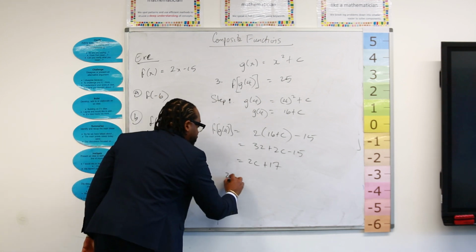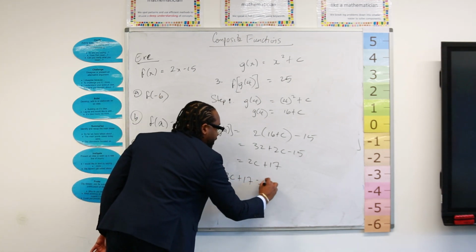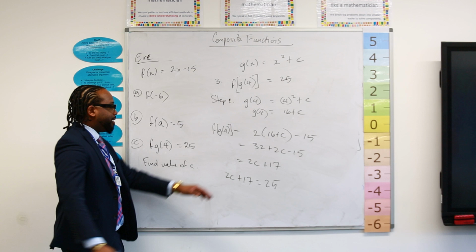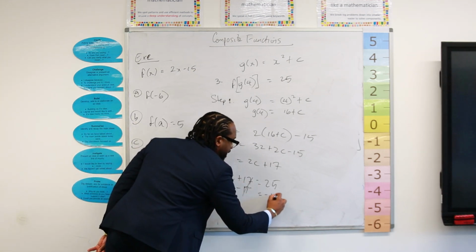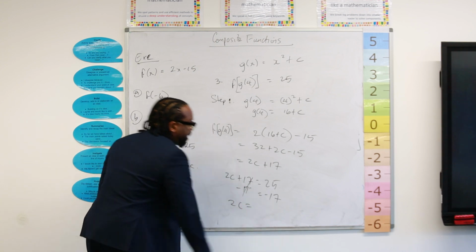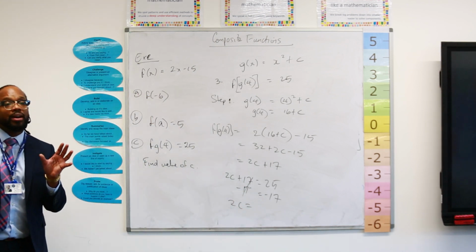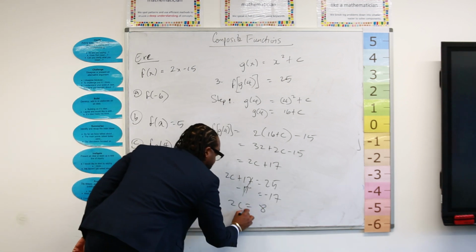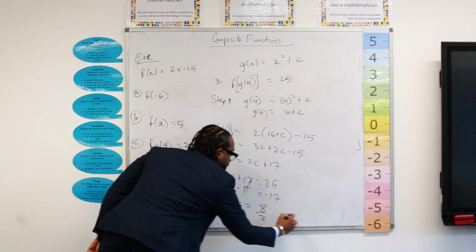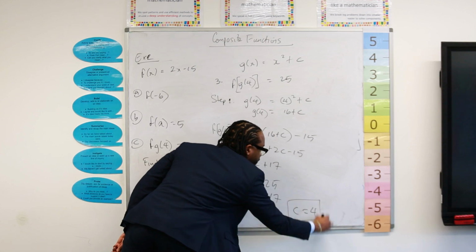So it now means 2c plus 17 is equivalent to 25. I'm going to subtract 17 from both sides. Then I have 2c, and again, what is 25 minus 17? That works out to be 8. I divide both sides by 2, and c works out to be 4.